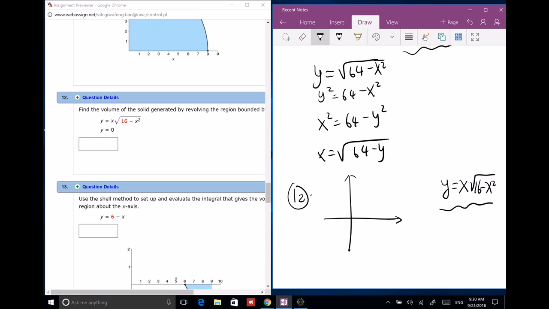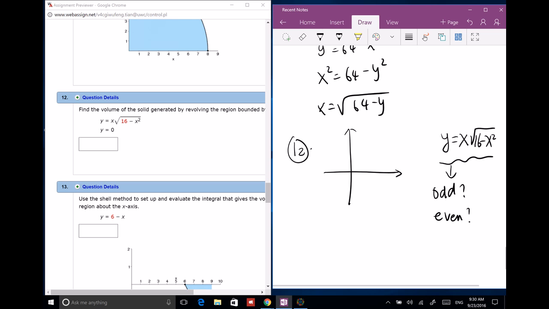But we can tell this function is going to be... I will ask a question here. Is this function an even function or an odd function? What do you mean by an odd or even function?